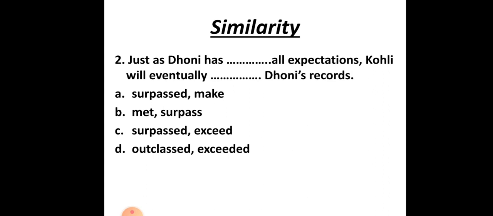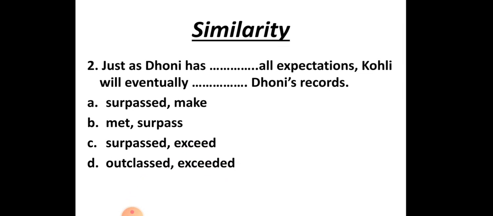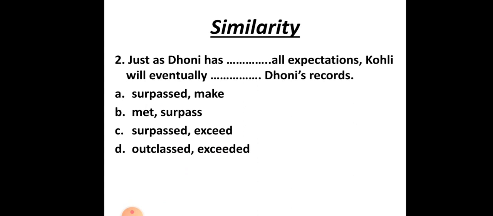If there are two blanks, and you have decided to write a positive word in blank 1, it should be followed by a positive word. So both the blanks will have either positive words or negative words. Let's try to understand the example. Just as Dhoni has blank all expectations, Kohli will eventually blank Dhoni's records.